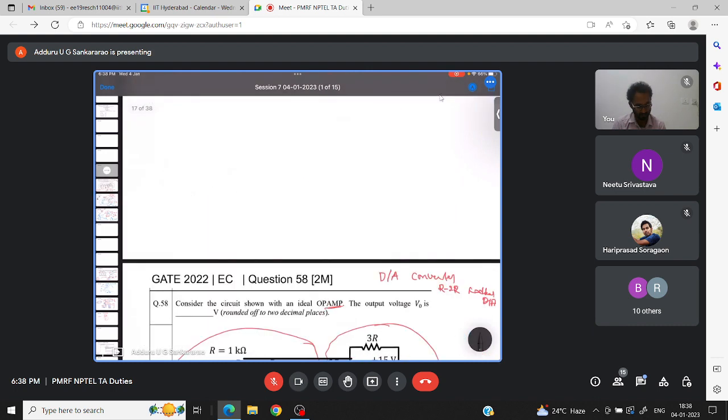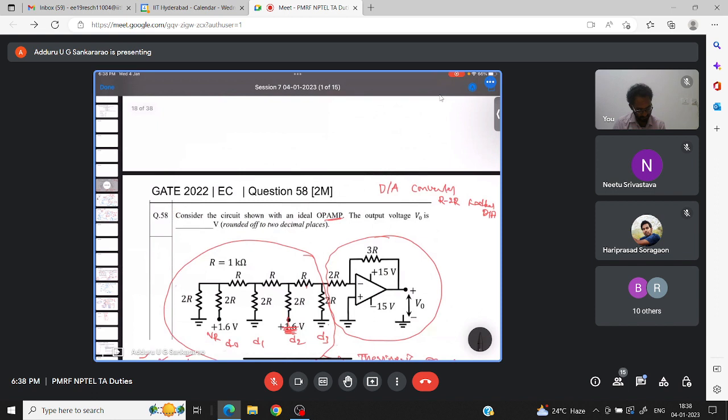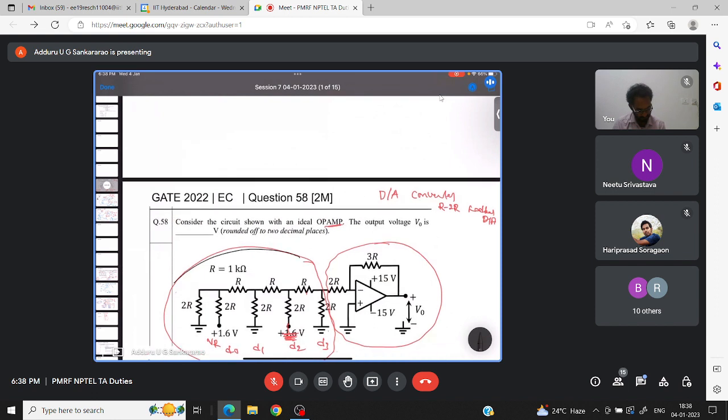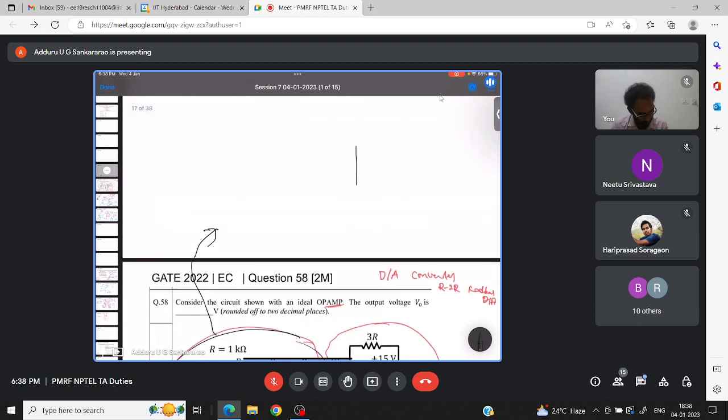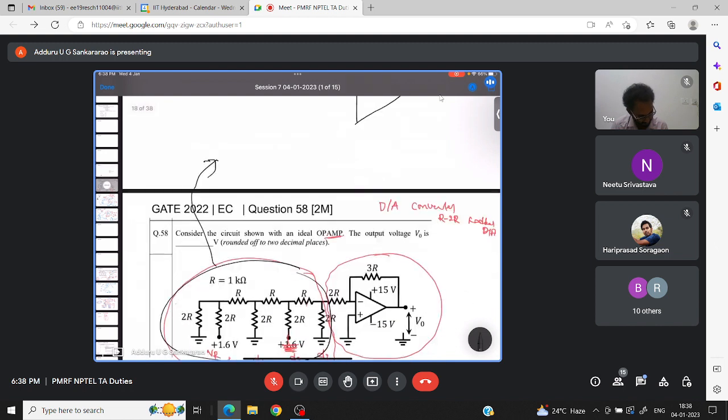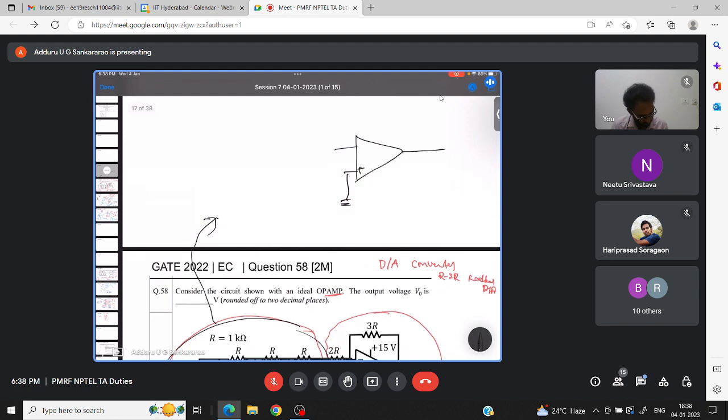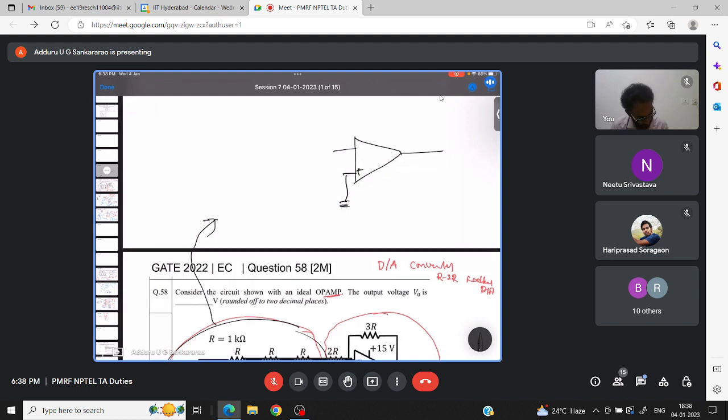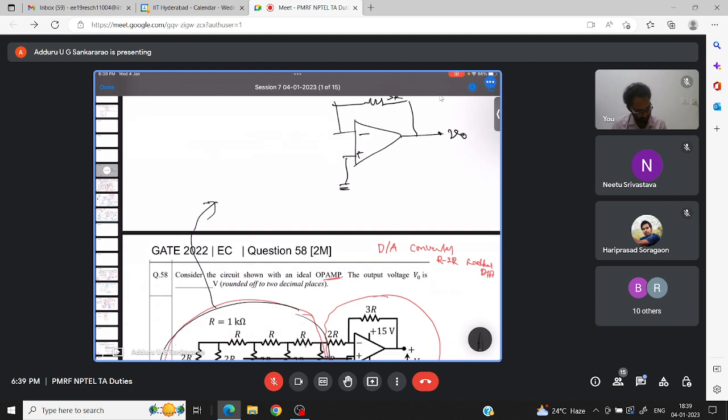Fine. So what I am doing here, just instead of this entire one, I replaced with the Thevenin's equivalent. So I'm drawing here. Now I have this op amp circuit here. Okay. And feedback there is 3R. It is an inverting amplifier. Here is the output.